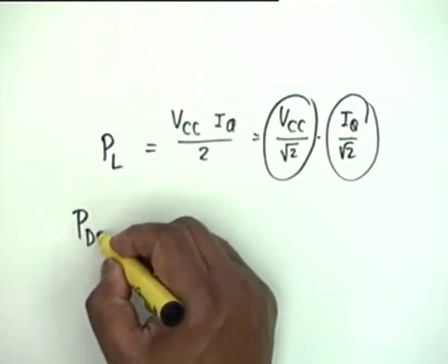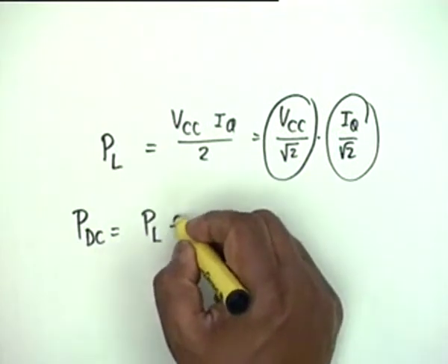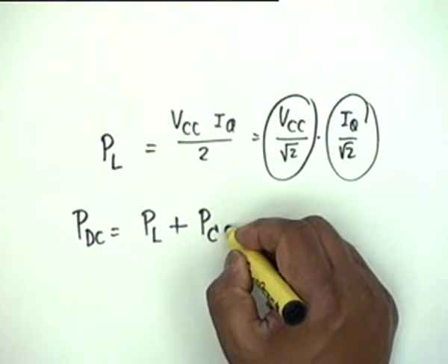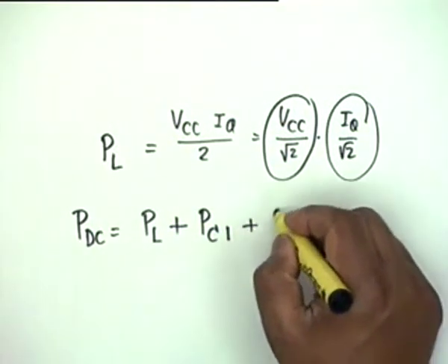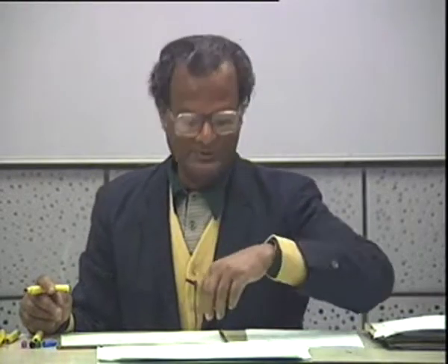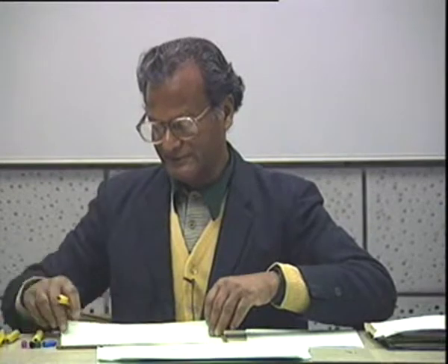And indeed PDC is equal to PL, the load power, plus the power dissipated in the transistor Q1 plus the power dissipated in the transistor Q3, and that checks. This is only to give you a physical picture of how the power is being distributed.